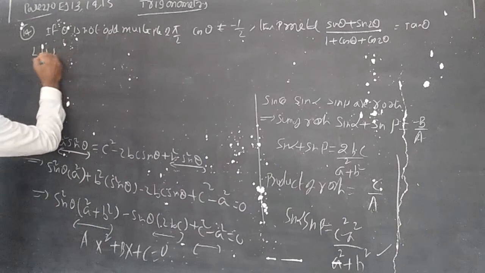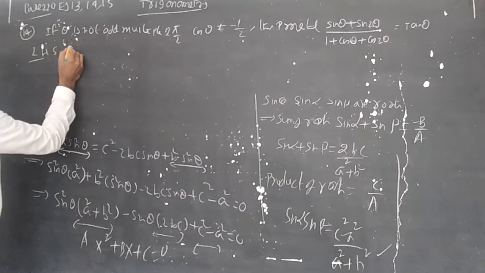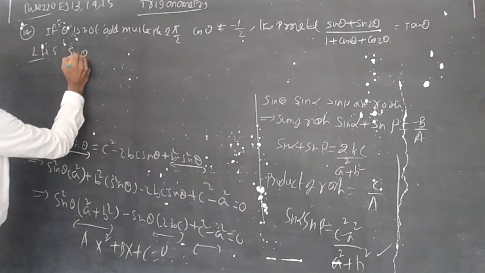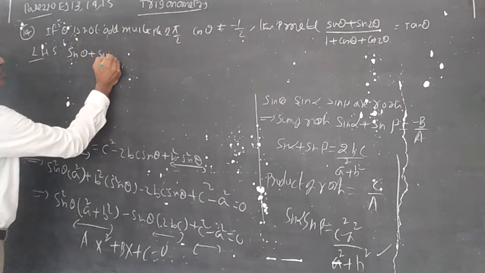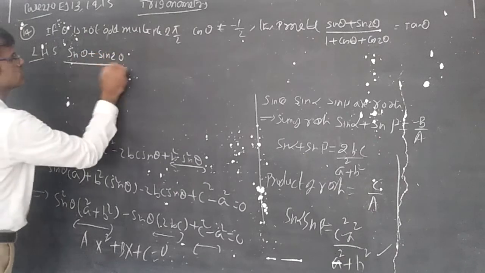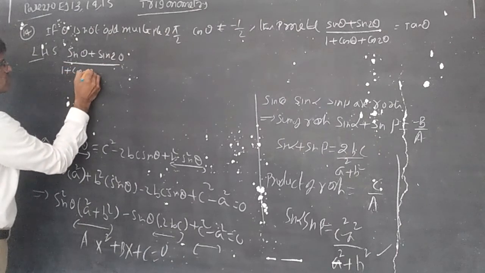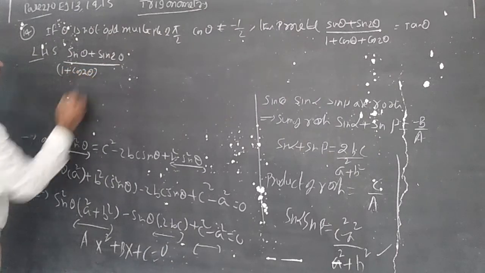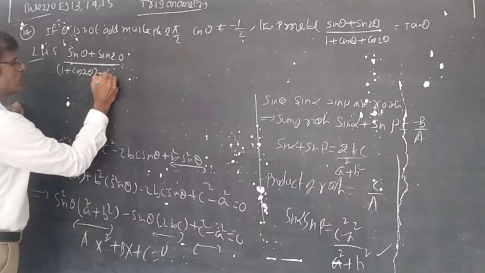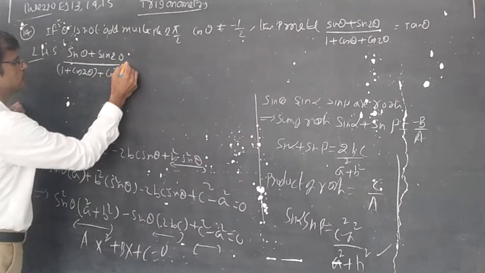Now simply take the LHS. The LHS is (sin theta plus sin 2 theta) whole by (1 plus cos theta plus cos 2 theta).